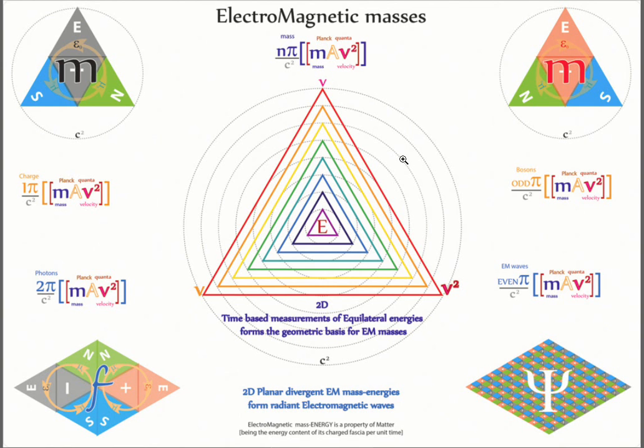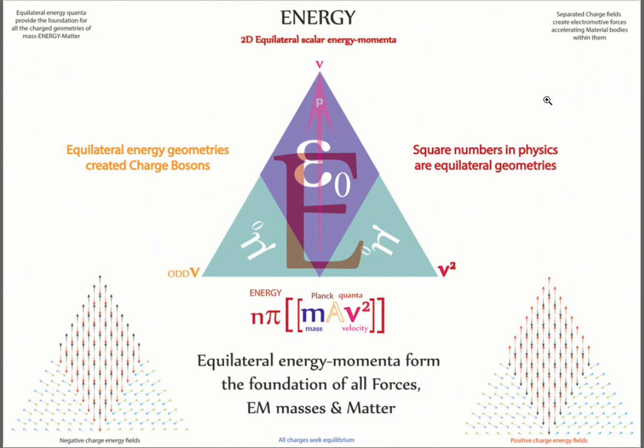And of course we can measure this in terms of quantum levels or transverse bosons, or we can measure it longitudinally in terms of force generated by the field, or the energy momenta within the field.